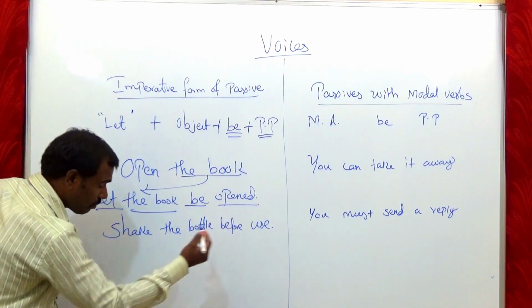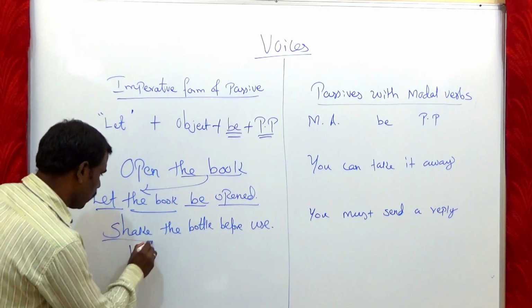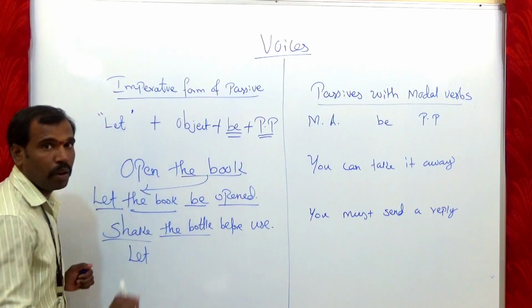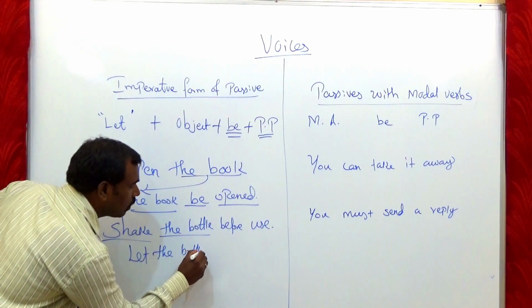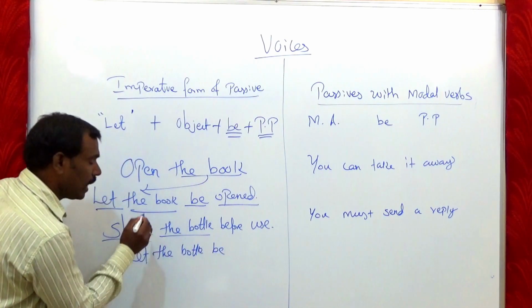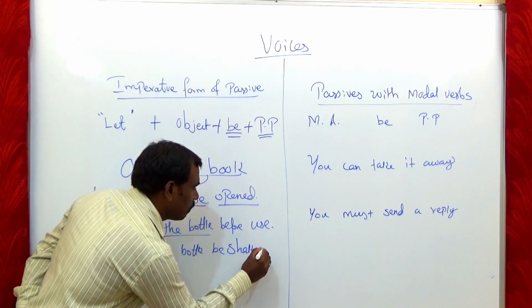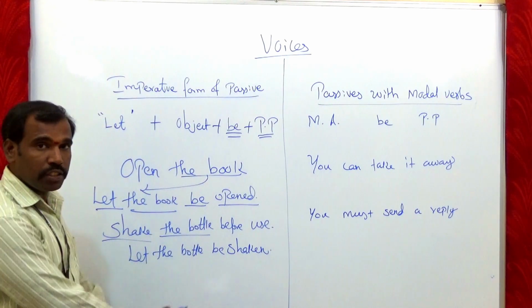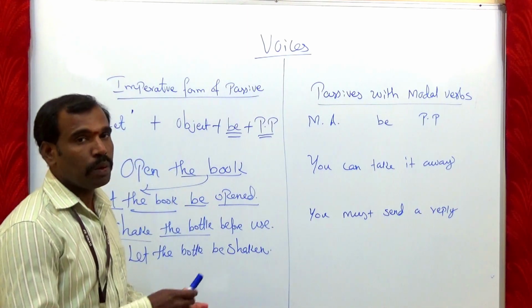It is let. And what's the object in this? Shake is the verb and the bottle is the object. So let the bottle be shaken. And this is how we change imperatives into passives.